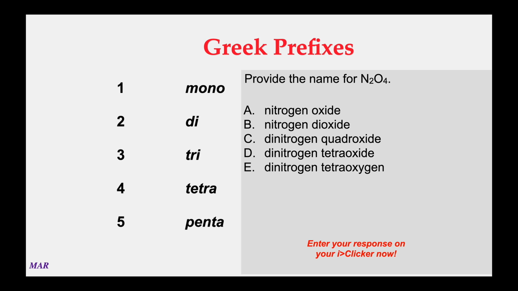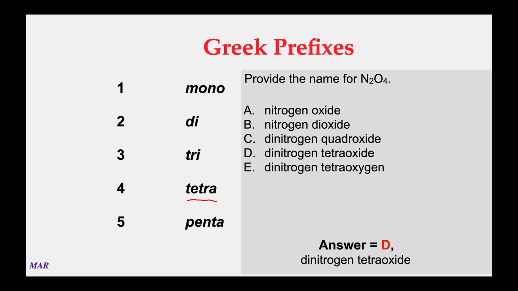You always put a Greek prefix on the second atom, but the first one you only do if there's more than one atom. Because there are 2 nitrogens, that would be dinitrogen. There are 4 oxygens, and 4 is tetra. We're going to change oxygen to oxide. So the answer here would be dinitrogen tetraoxide.